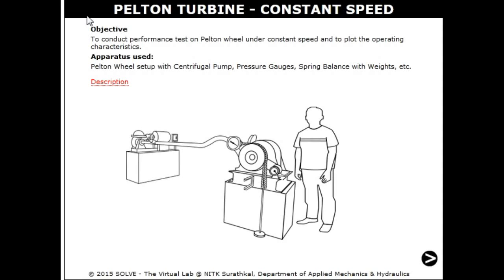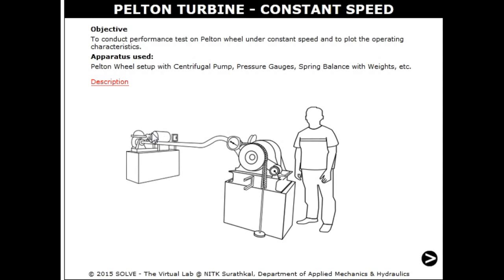If speed is constant, then the variable will be head. The objective of the experiment is to conduct a performance test on the Pelton wheel under constant speed, then to plot the operating characteristics. The setup will have the following parts: centrifugal pump.